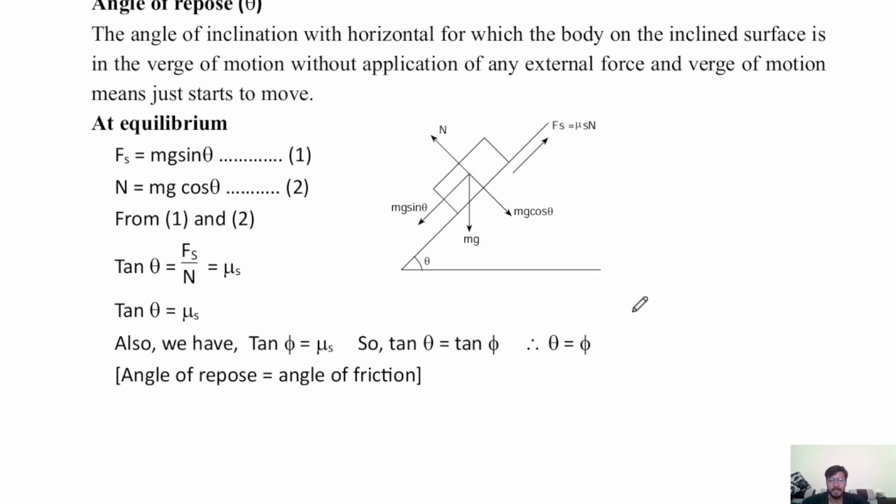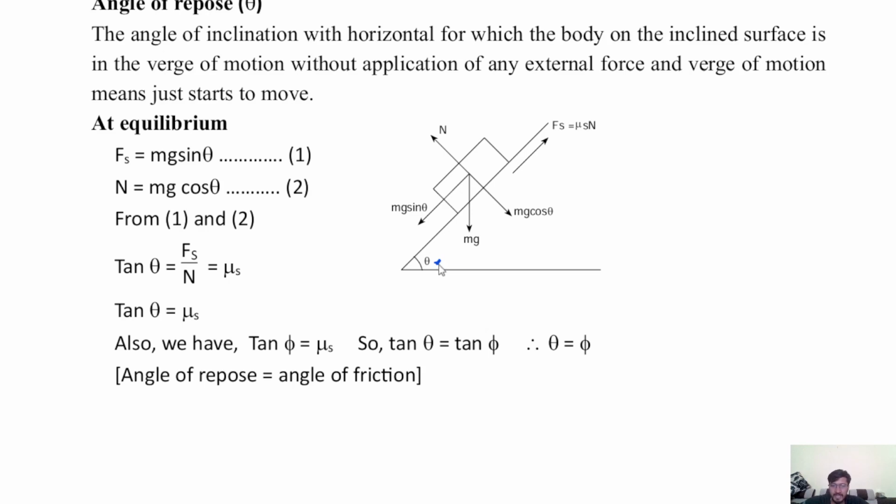And what is the angle of repose? The angle of inclination with the horizontal for which the body on an inclined surface is on the verge of motion without application of any external force, and verge of motion means it just starts to move. So this angle theta is called the angle of repose.